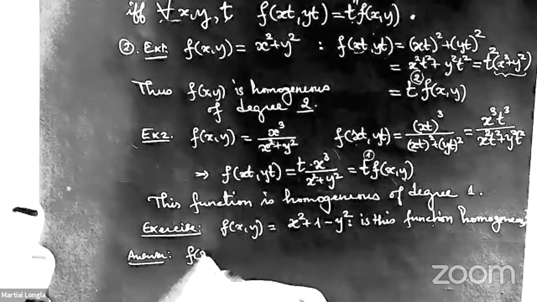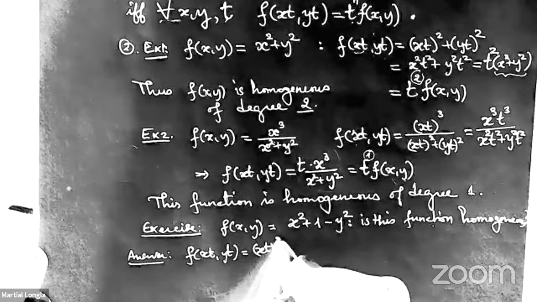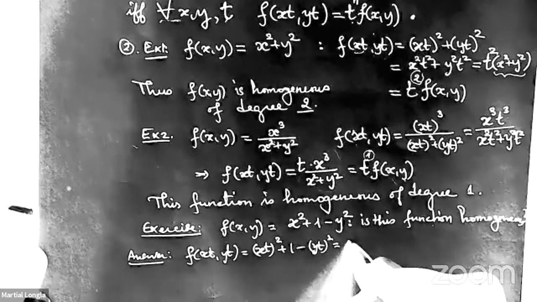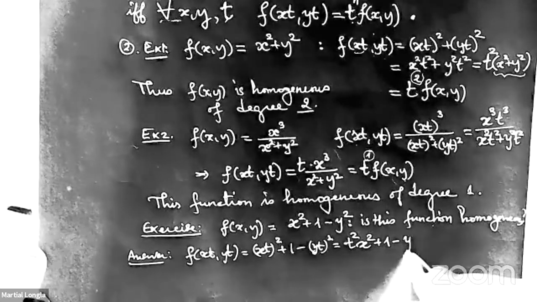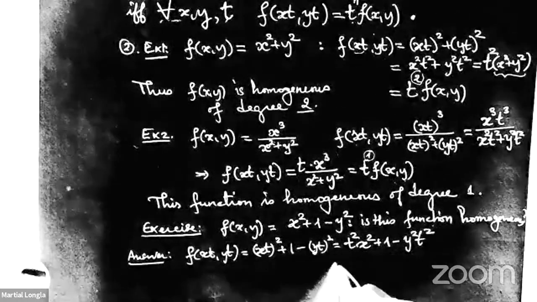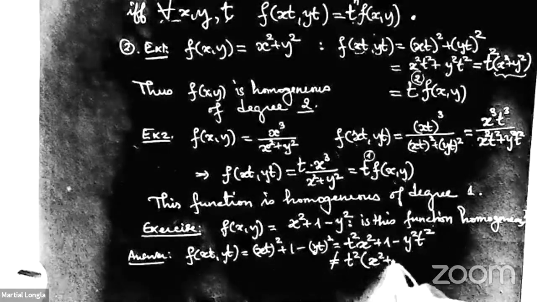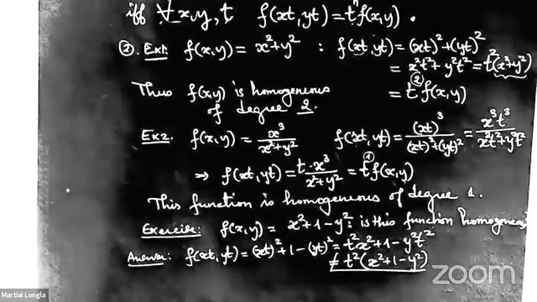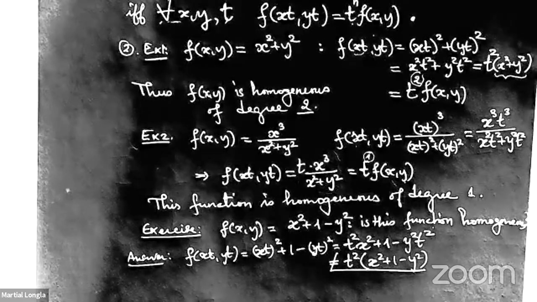You have f of xt, yt. This is xt squared plus 1 minus yt squared. And that is t squared x squared plus 1 minus y squared t squared. And this thing is not equal to t squared times x squared plus 1 minus y squared. It's not, because 1 is not multiplied by t squared.